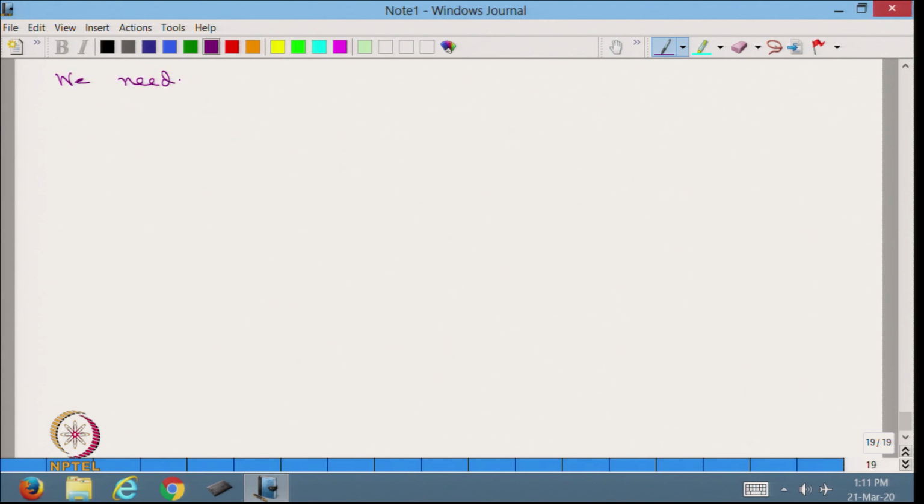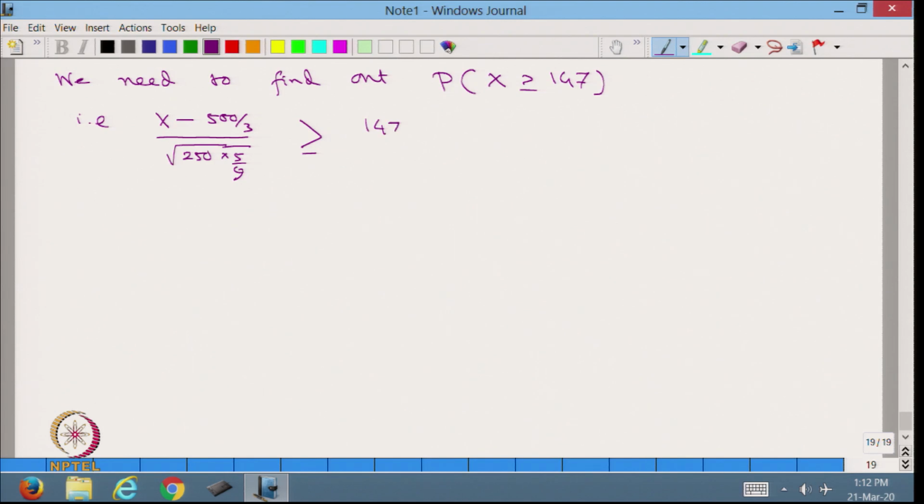We need to find out the probability X greater than or equal to 147, that is (X minus 500 by 3) upon root over 250 into 5 by 9 greater than or equal to (147 minus 500 by 3) upon root over 250 into 5 upon 9.